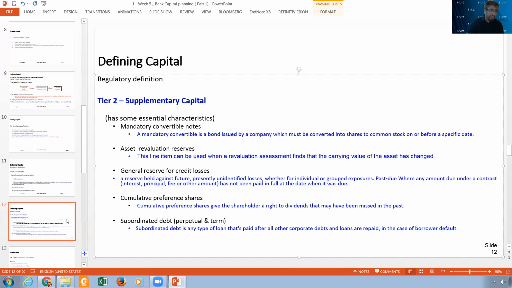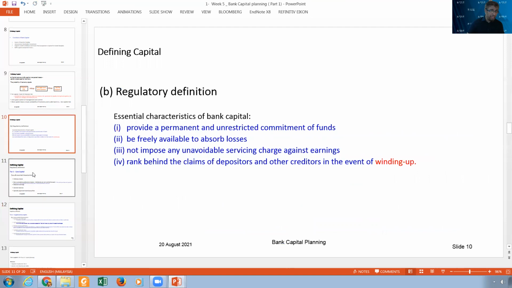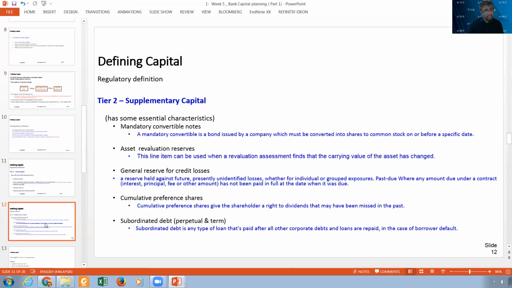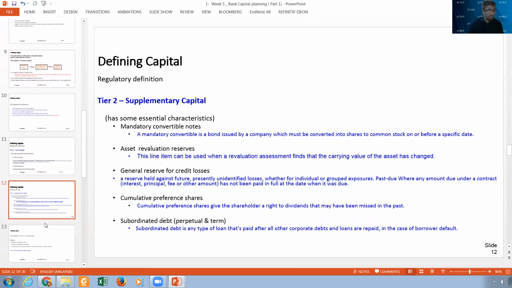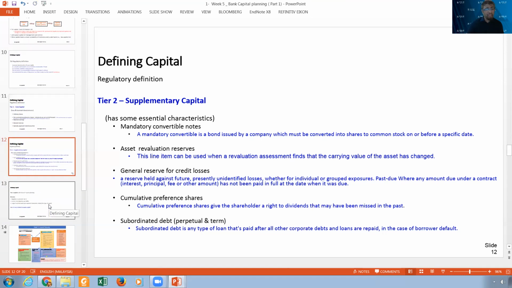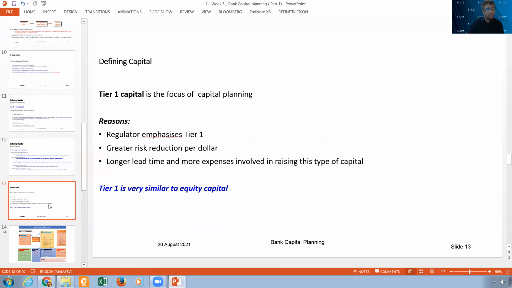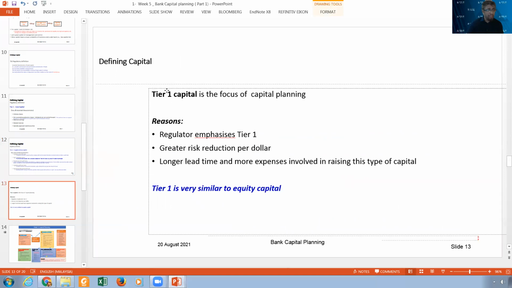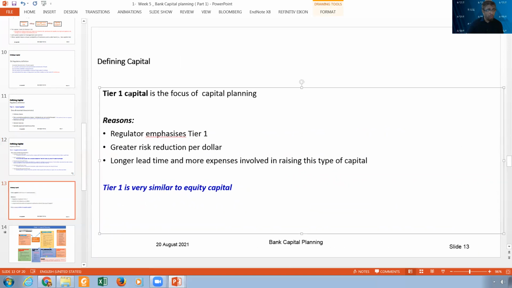So having said that, this is actually tier 1 and tier 2, the definition of the capital, the definition of the regulatory capital, and the definition of the simple ratio. And maybe this is one of the new things that you may know at this time. So to conclude, tier 1 capital is the focus of capital planning, and we want this capital to be always there.